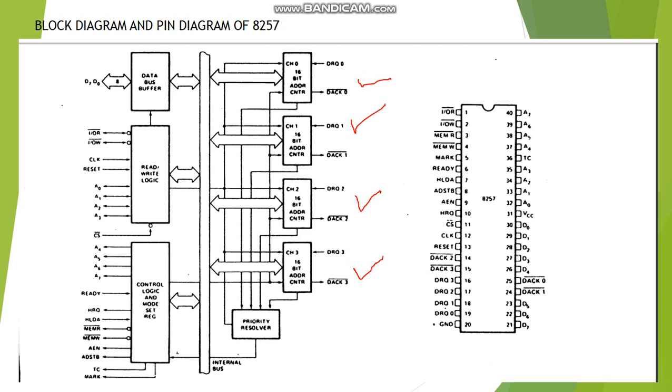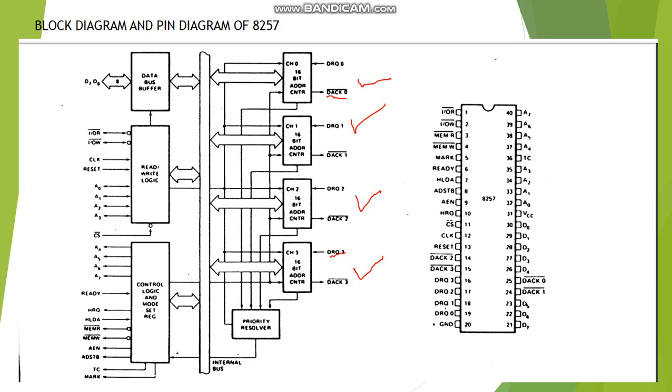Pins are the same. So here these are the 4 channels, and the data request signals are DRQ0, data request 1, data request 2, data request 3. Same for data acknowledgement: DACK 0, 1, 2, 3.